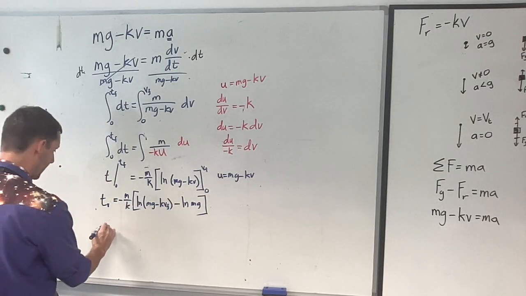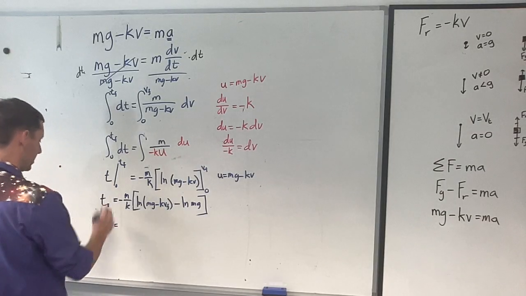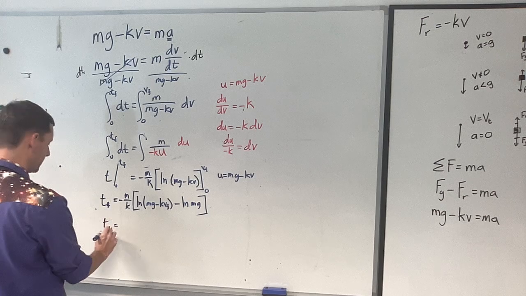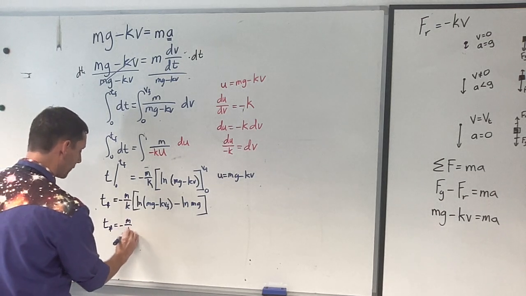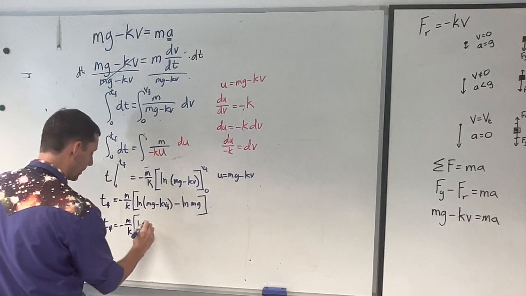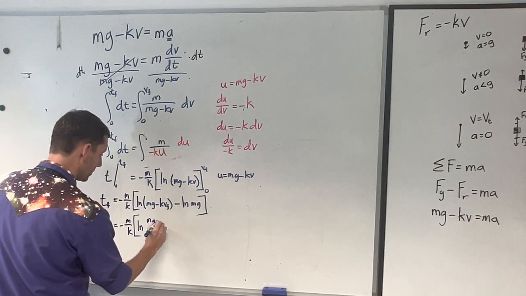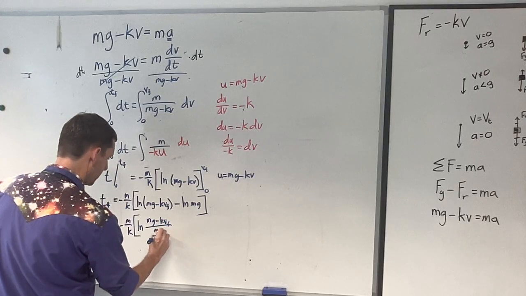So we're going to have tf, that final time, is equal to negative m over k times natural log of mg minus k vf over mg.